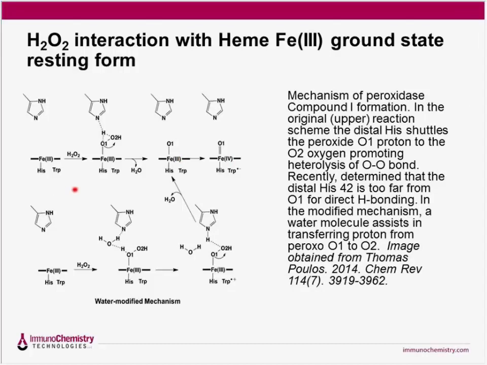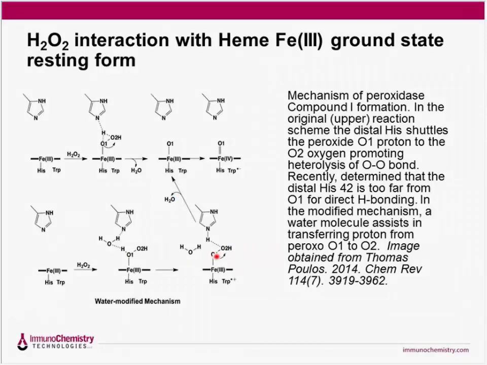Later on, our investigators kind of said, well, the distance between here and here is just too far, so we're going to need some help, and so they said that a local water can participate in the proton transfer from oxygen 1 to oxygen 2, and when this occurs, this destabilizes this bond. 2 electrons are acquired from the heme, and it creates a compound 1.